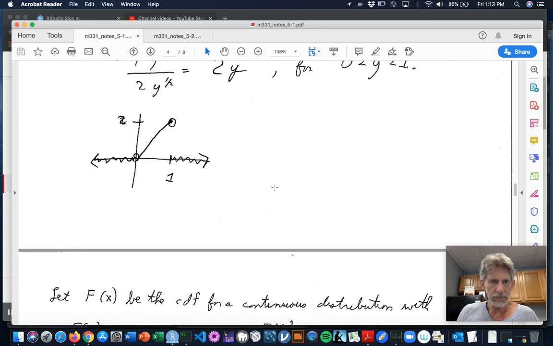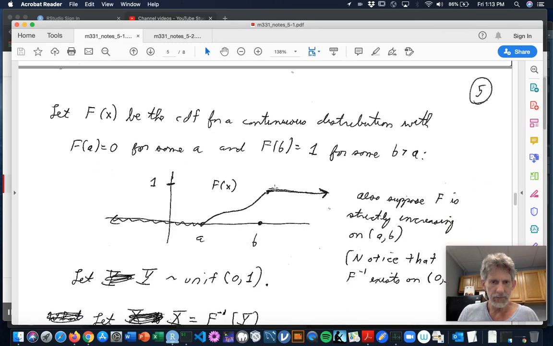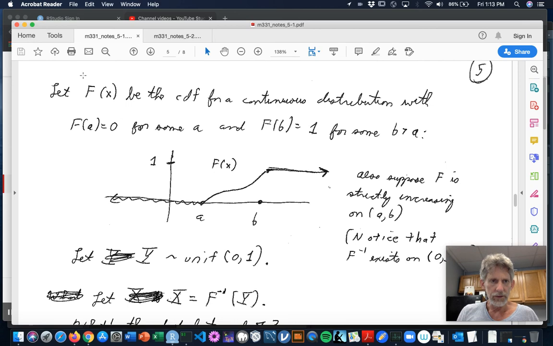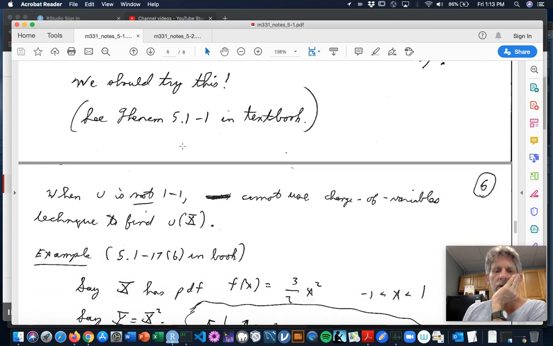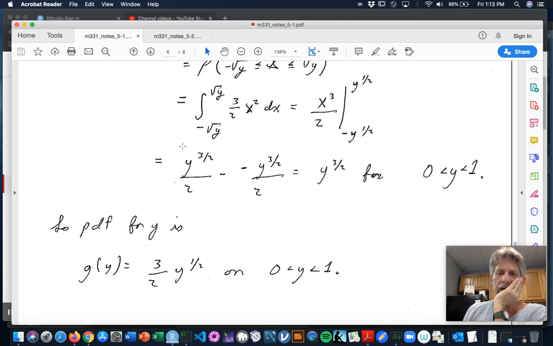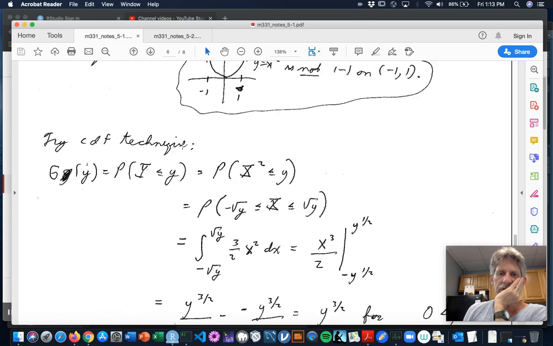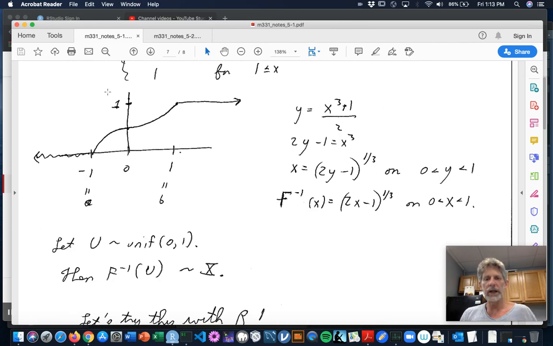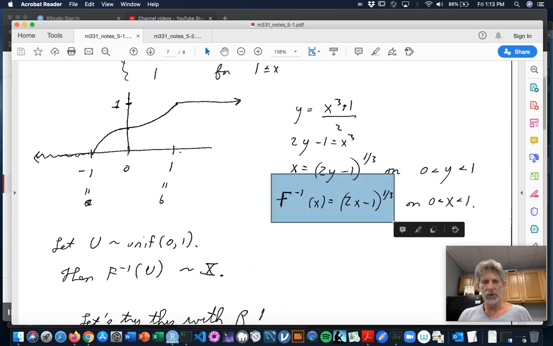Now, I like to write functions as functions of x, particularly if I'm going to apply this theorem up here, where I'm thinking about F of x. So I'll write it as F inverse of x is 2x minus 1 to the 1/3.